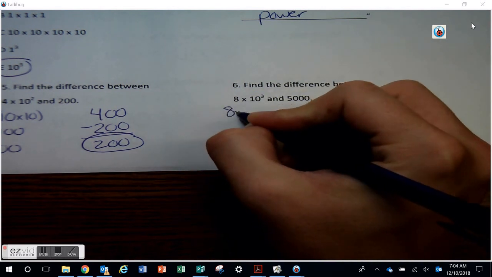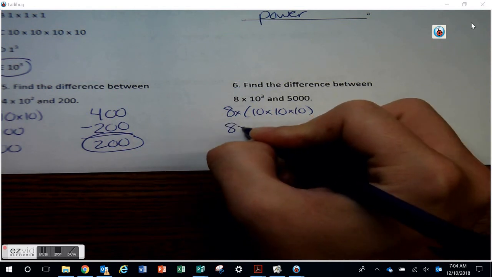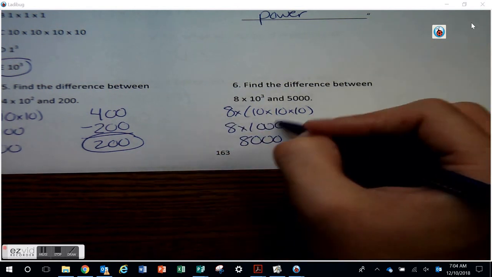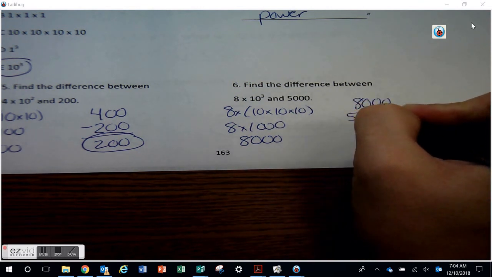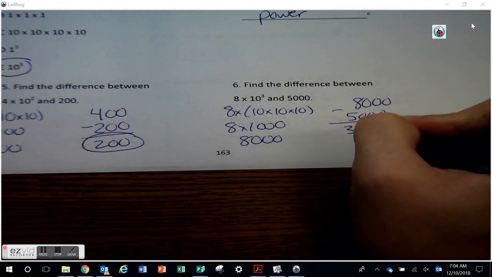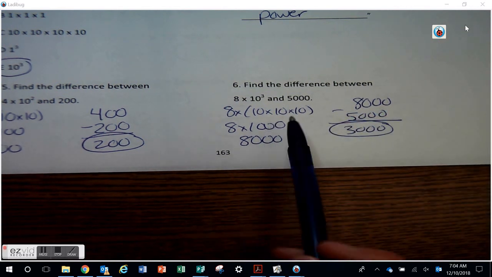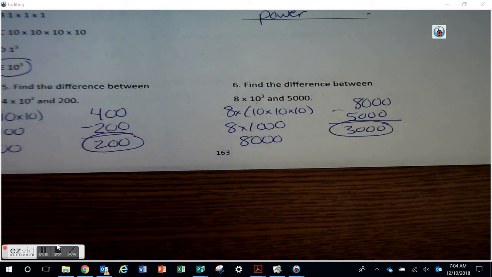That's 8 times 10 times 10 times 10, which is 8 times 1,000, which is 8,000. The difference between 8,000 and 5,000 is 3,000. And that's it for today. Remember, the exponent tells me how many times I multiply that base number by itself.